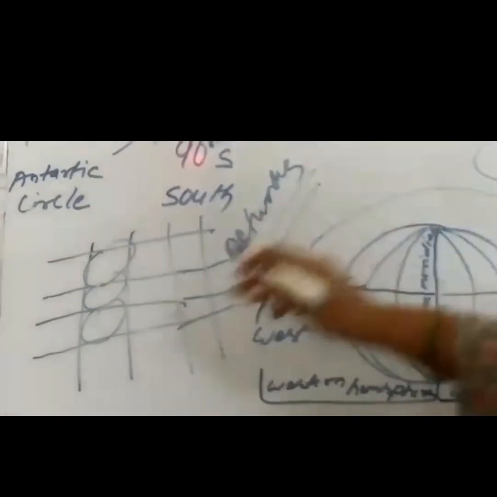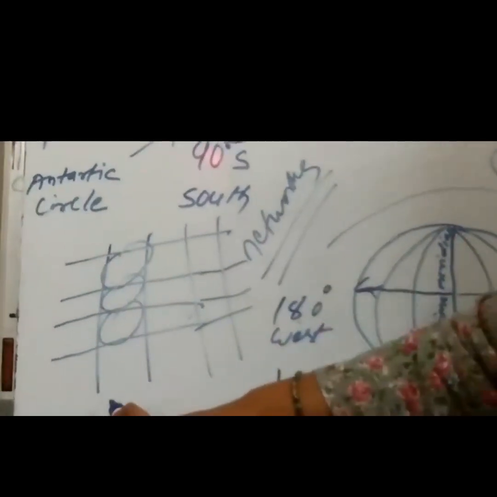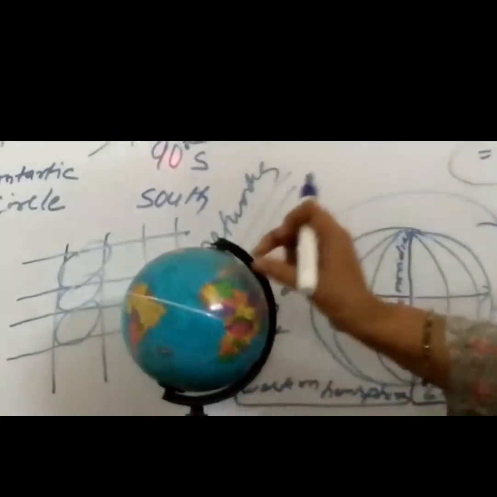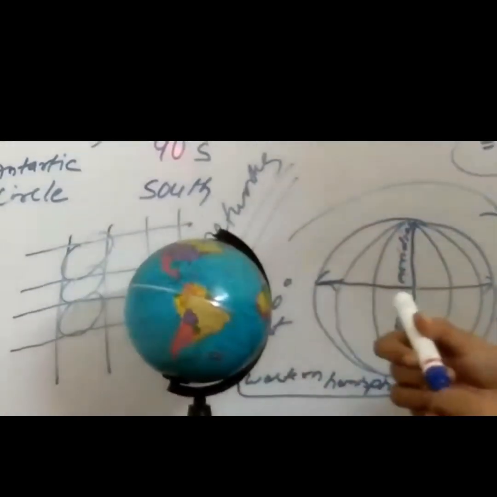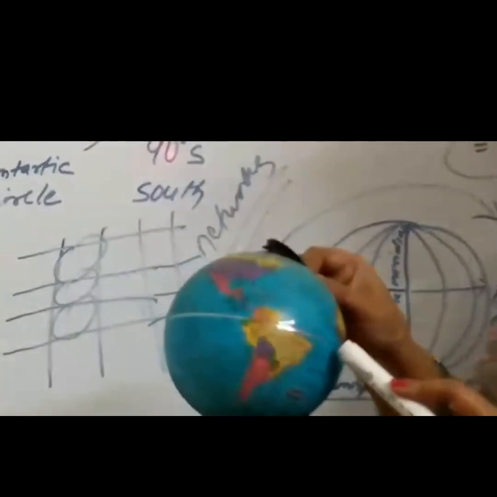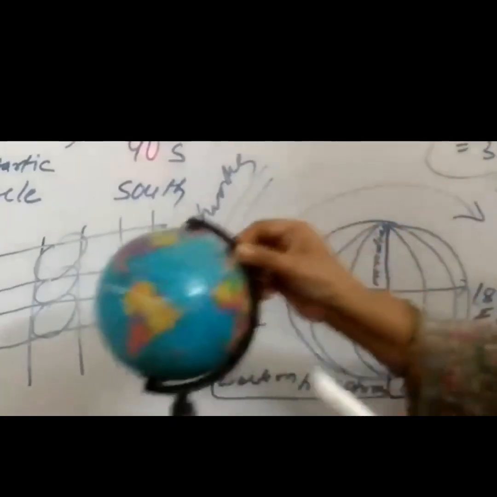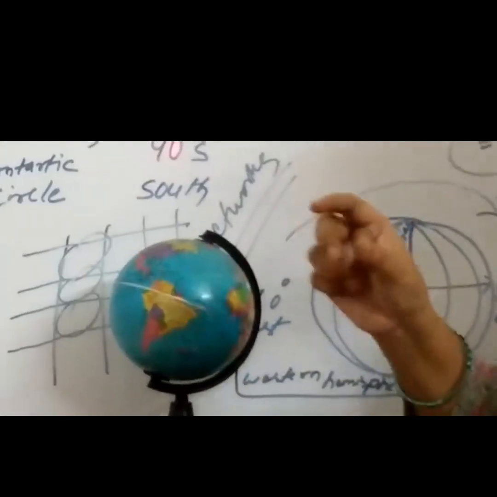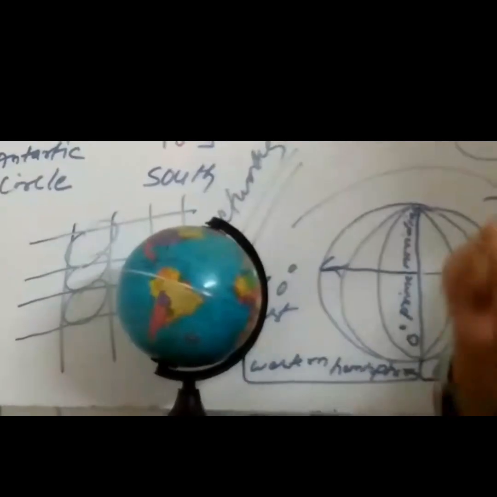These networks are very useful for identifying the exact location of a place in the whole world. This type of networking is everywhere on the globe. The lines of the network form a grid. When latitude and longitude intersect, they form the grid, and this grid is very useful for identifying the location of any place.